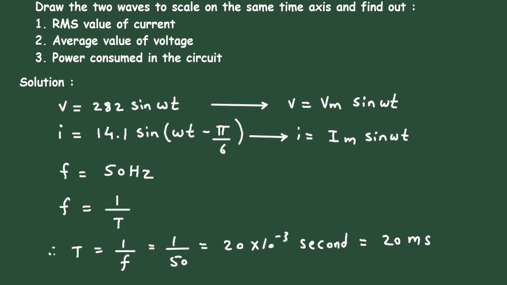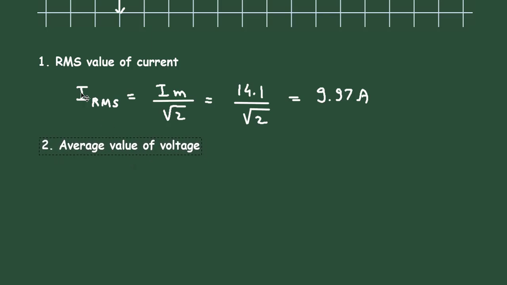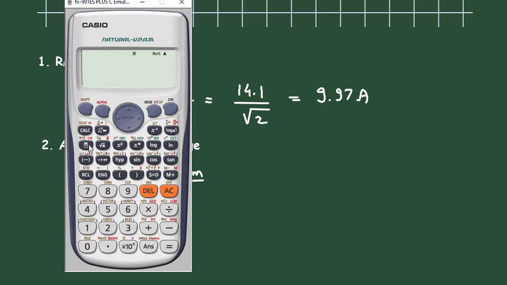Then next we have to find the average value. For average value, Iavg is equal to, not pi by 2, 2 by pi into Im, because 2 divided by pi is 0.636.